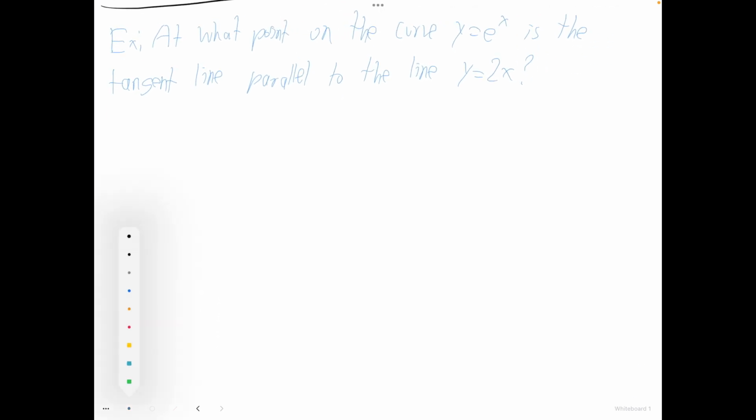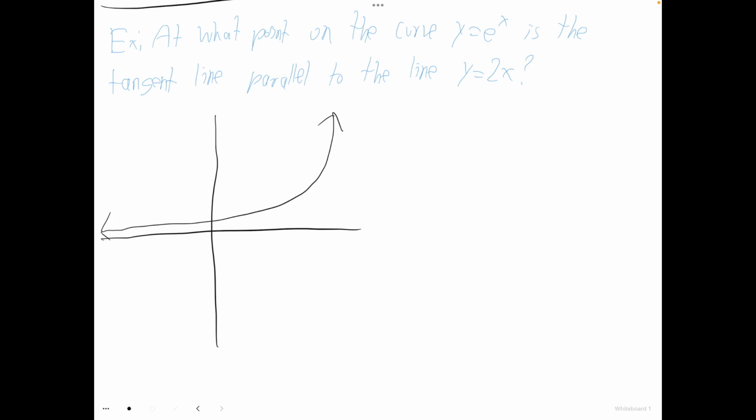If we draw a picture of this situation, we have the graph of the function y equals e to the x. We have the graph of 2x, which looks something like the following. We just want to find a point on the graph, say a point like right here, where the tangent line at that point is parallel to the line y equals 2x. That means the slope will be 2.